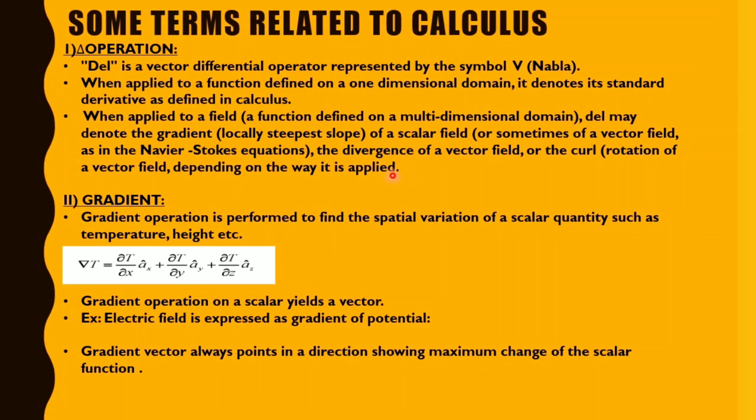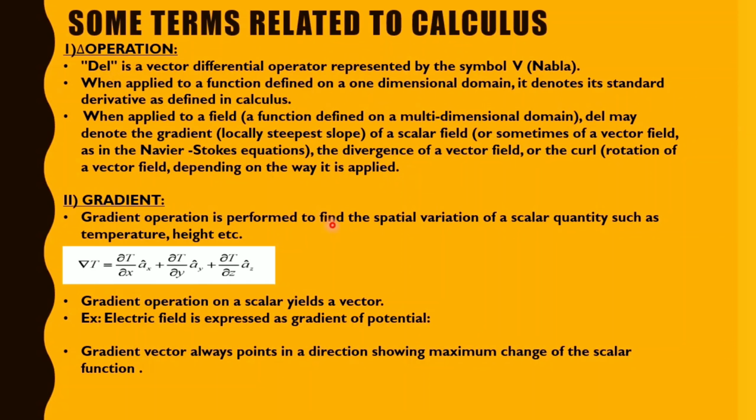So you just need to remember that when it is applied in one dimension, it denotes the standard derivative, and when applied to a field, it denotes the gradient, divergence or curl, depending on how it is applied. Now we will see what the gradient is.